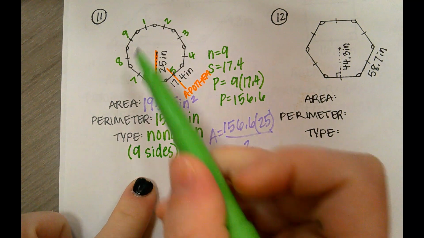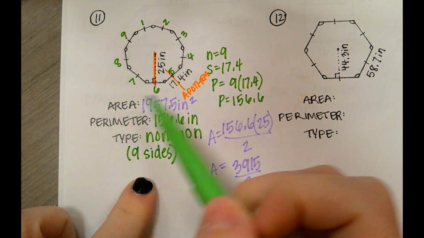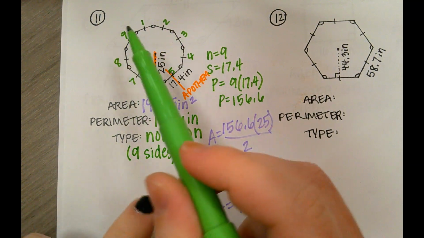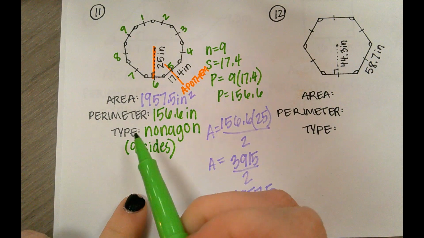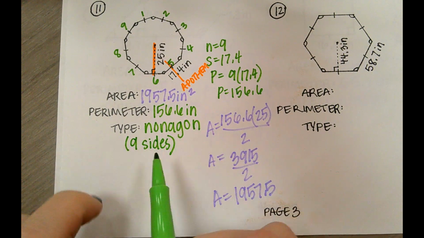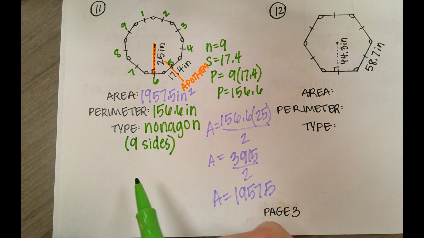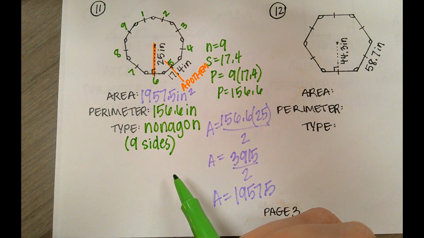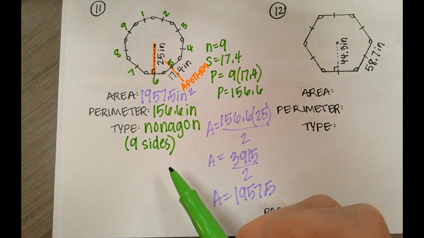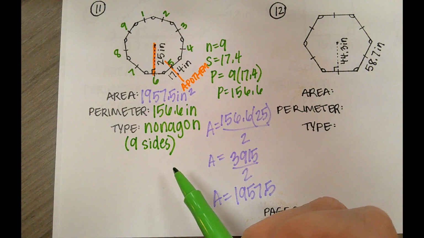That way, if you accidentally miscount the number of sides and say, oh, I think this is 8 sides, and then I write octagon, but I write in parentheses 8 sides, I can at least give you some partial credit for not accidentally calling a 9-sided shape an 8-sided shape.